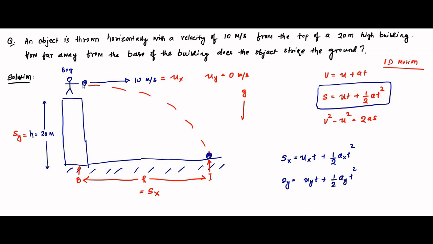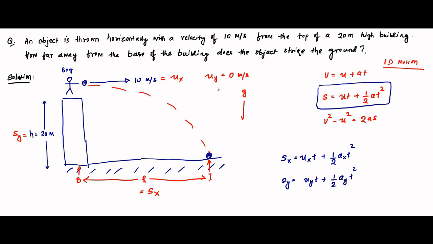So for the downward motion of the stone, the object which is thrown, it has two motions. First, guided by the horizontal velocity, and then by the acceleration due to gravity in the downward direction.